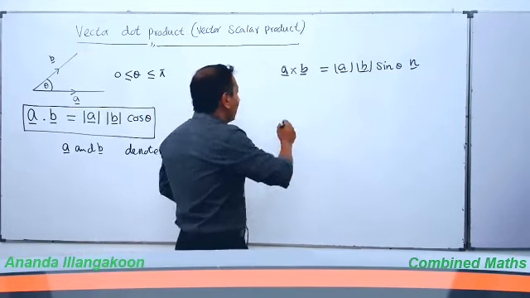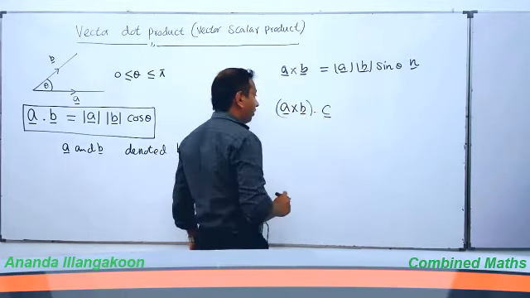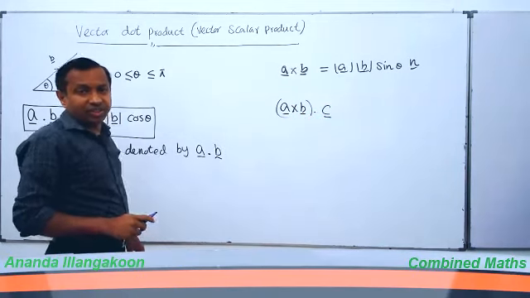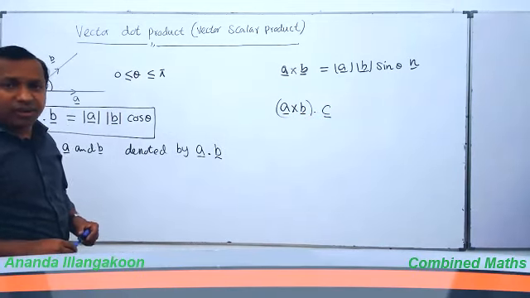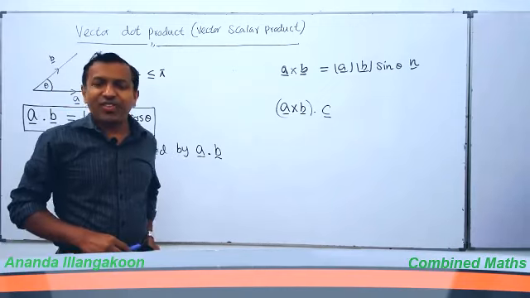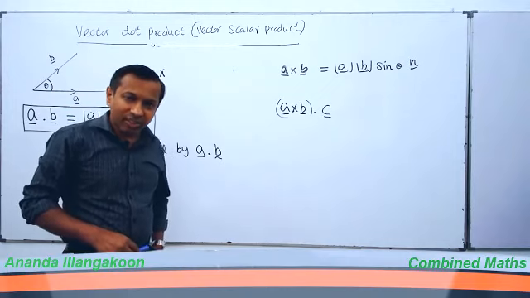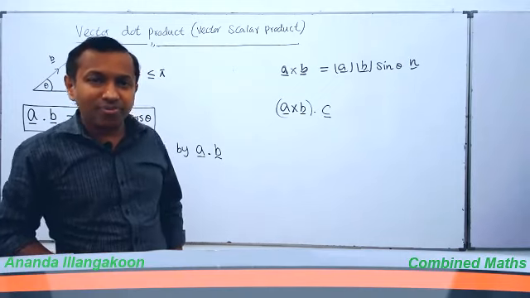That is this, A cross B dot C. Vector triple product we learned. But fortunately, for vector cross product only the introduction is in the syllabus, vector triple product is not available, and vector dot product is available completely in our combined math syllabus.